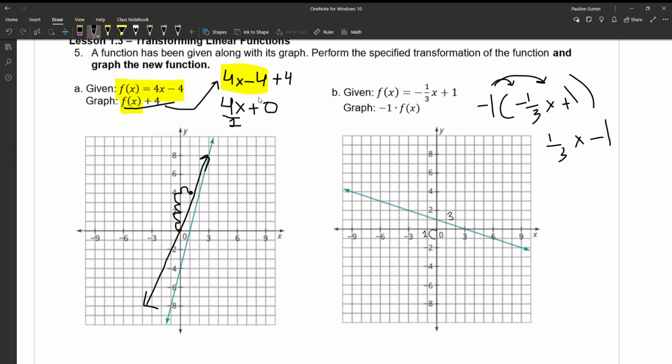So that's telling us where to start. Negative 1 is where we put our y-intercept. And then our rise over run is up 1 to the right 3. There's our dot. Connect it. Whoops, that's not a beautiful line. That's a beautiful line. And that's it.